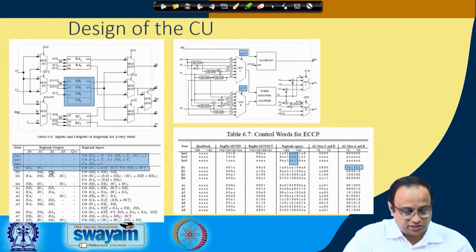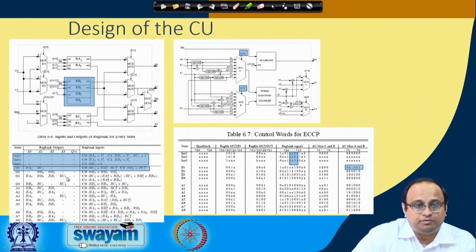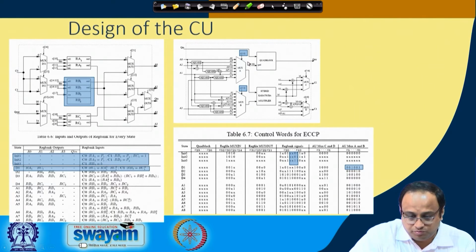Likewise, if you see the doubling, the first clock cycle for doubling, the operation you are doing is RA1 square into RC1 square. That means the data has to be passed into the multiplier, and so these select lines will become functional.